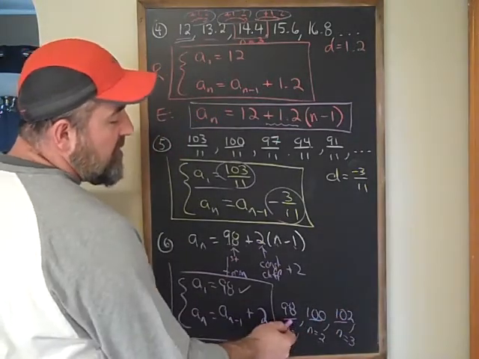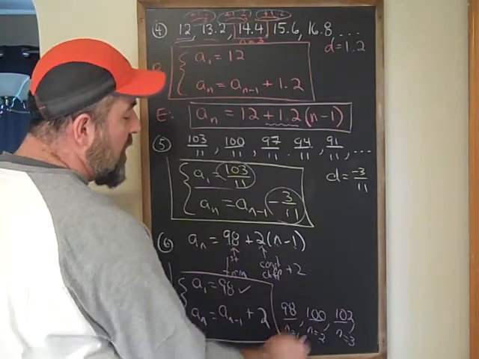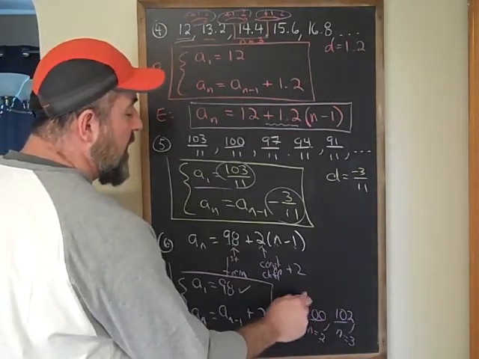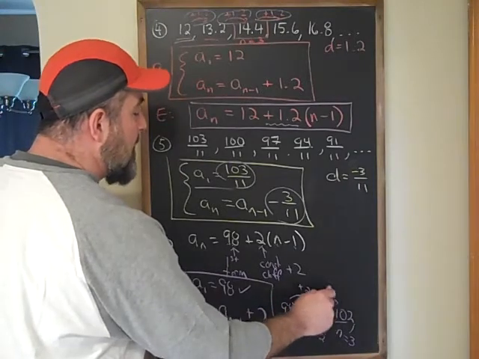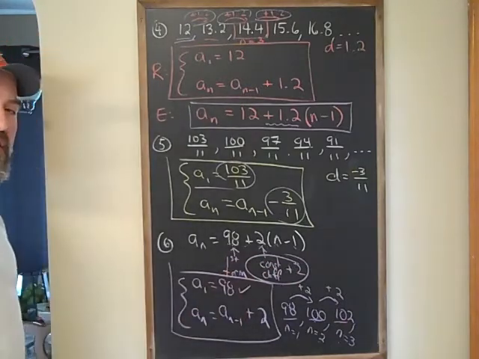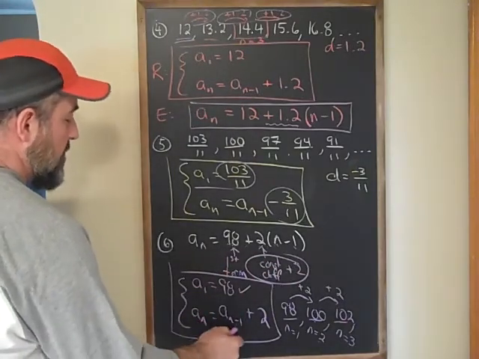And by seeing just these first three, you can see how you go from 98 to 100 and how you go from 100 to 102. You get there by adding 2, which verifies that yes, that constant difference is 2. So the first term is 98, the new term is the old term plus 2.